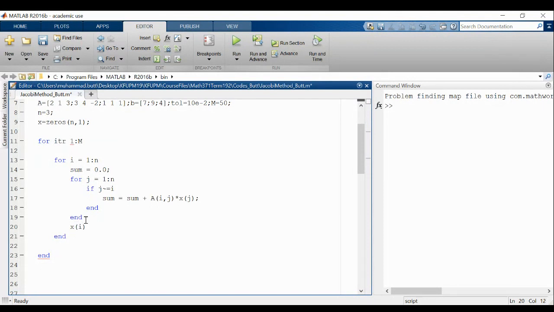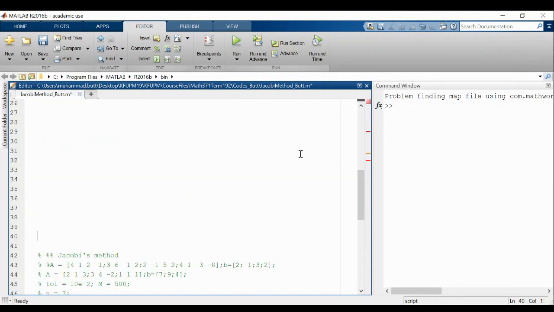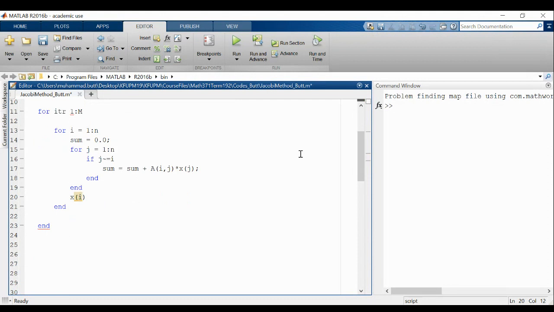So what is x_i? x_i is equal to, what was the formula if you remember? 1 over a_ii, and then multiplied by b_i minus the sum, and we have already calculated this sum before.